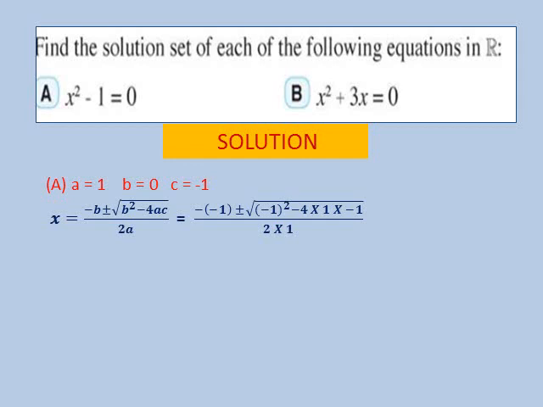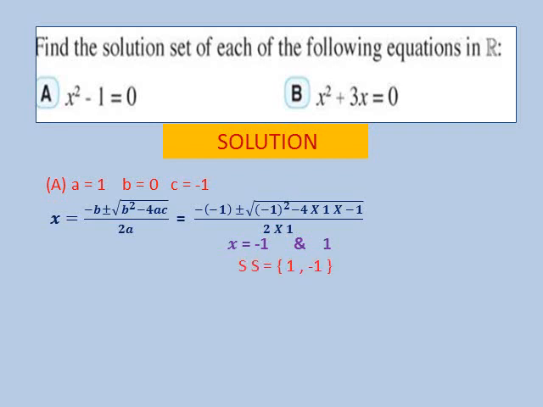Then we will calculate the value of x. We will get that x equals 1 and negative 1. So the solution set for the quadratic equation in A is 1 and negative 1.